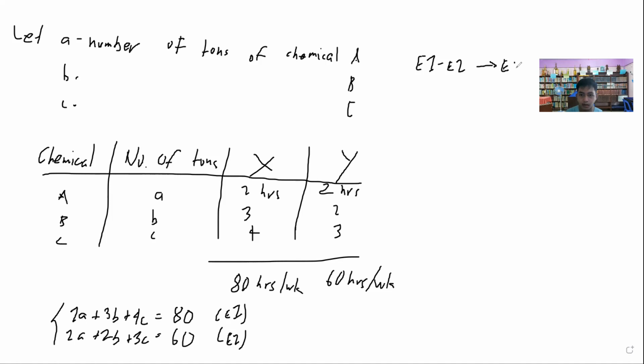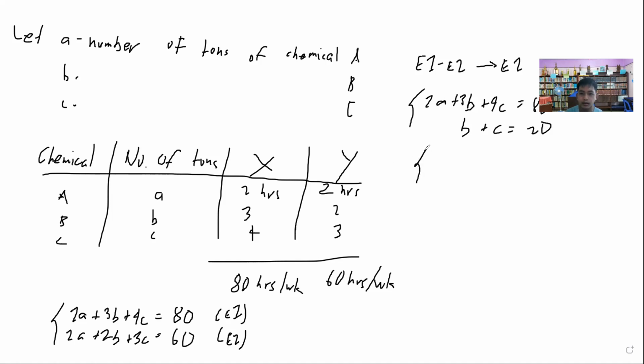Nilagay natin kay E2. So, si E1 ay same pa rin. 2A plus 3B plus 4C equals 80. Ngayon, si E2 ay B plus C equals 20.